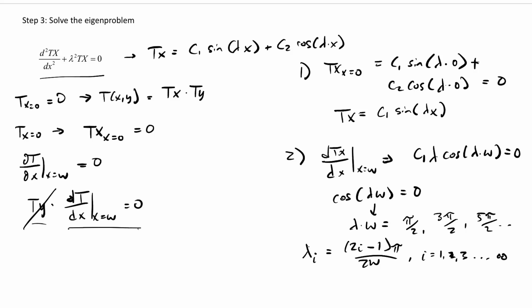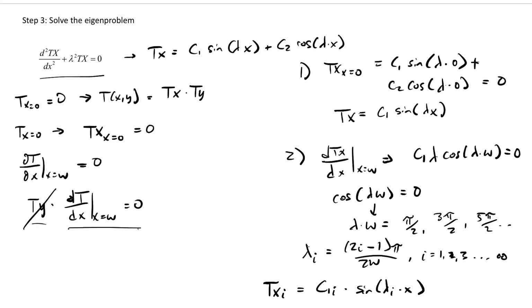These are the eigenvalues. And the last step I think we'll be able to get to is to say that T_x now, for the ith eigenvalue, is equal to c1 at the ith eigenvalue times sine of lambda_i times x.